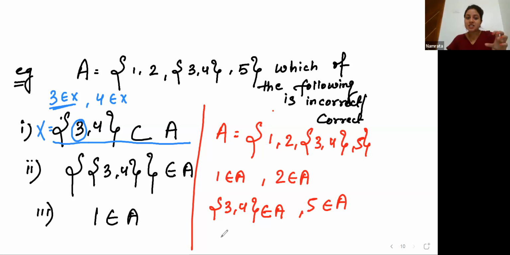Why? Because 3 is an element of X, but 3 is not an element of A. 4 is an element of X, but 4 individually is not an element of set A.